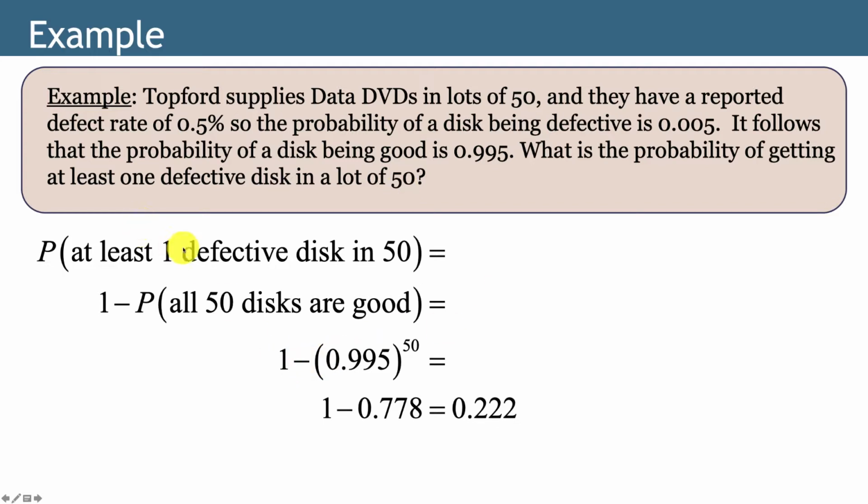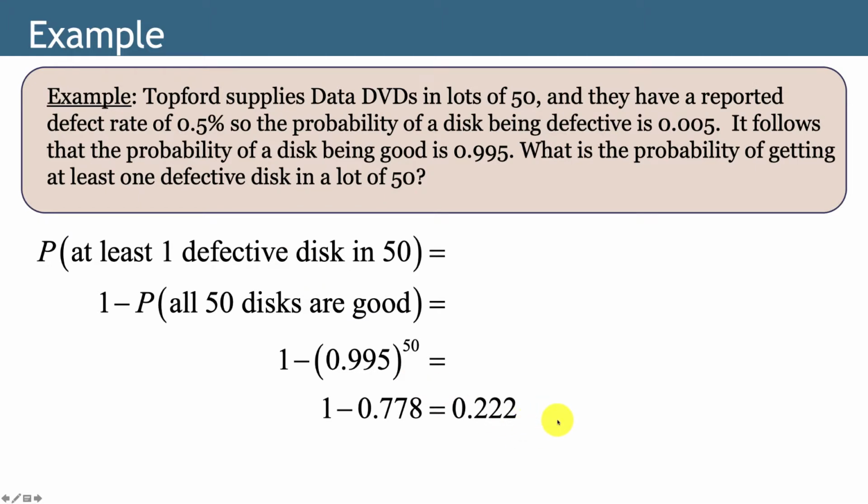Well, the opposite of at least one defective is no defective. Or in other words, all of them are good. Well, what's the probability of being good? 0.995. And then you'd have that happen 50 times. And again, we're using the opposite rule. So crank that out, 0.222. So the probability that you have at least one defective disc is actually 22.2%.